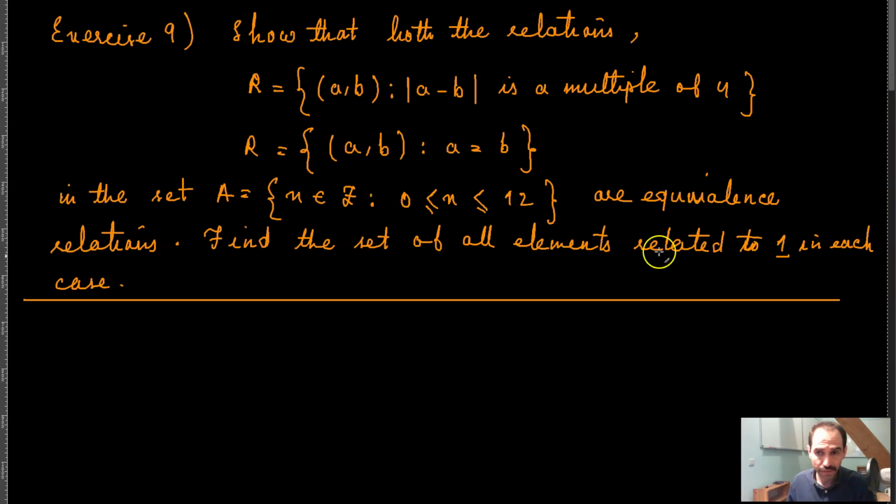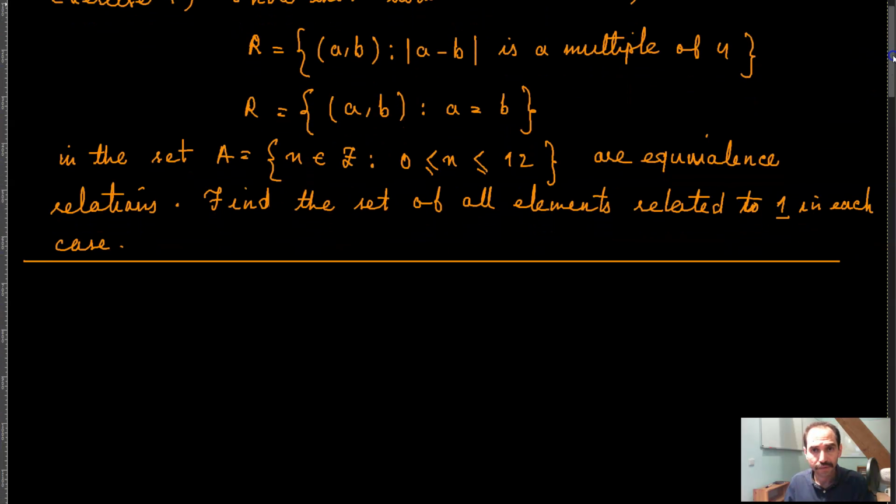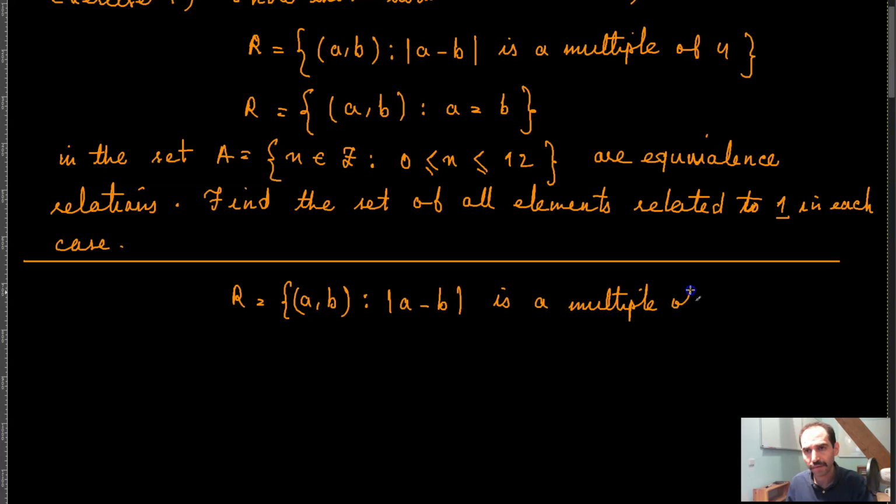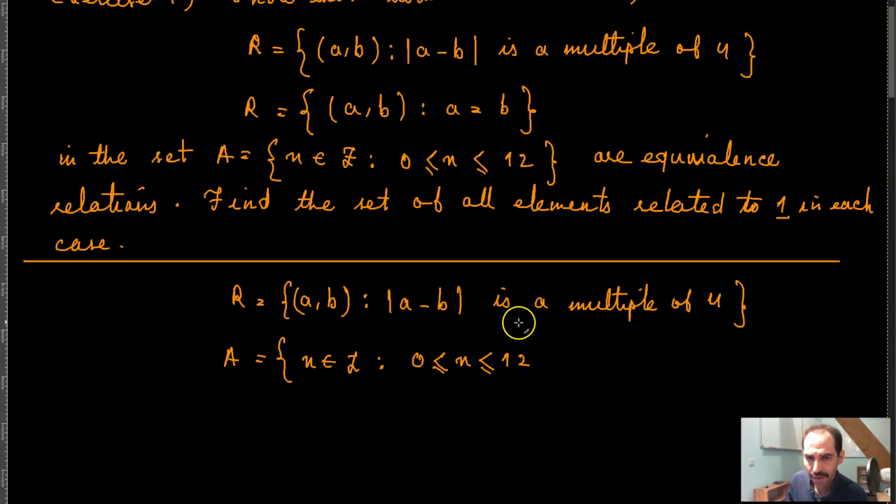So first of all, I'm going to consider R is equal to the ordered pairs A comma B such that the absolute value of A minus B is a multiple of 4, and I'm going to consider the set that we have, which is X belongs to Z, such that 0 is less than or equal to X less than or equal to 12, right?